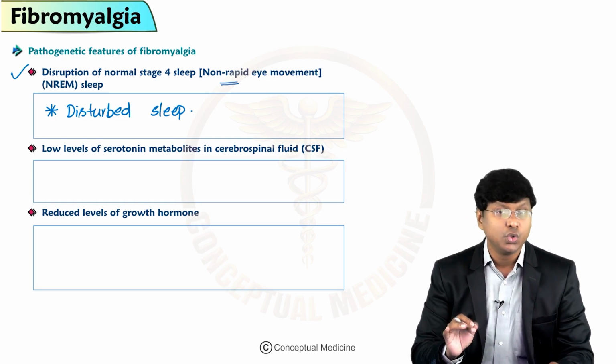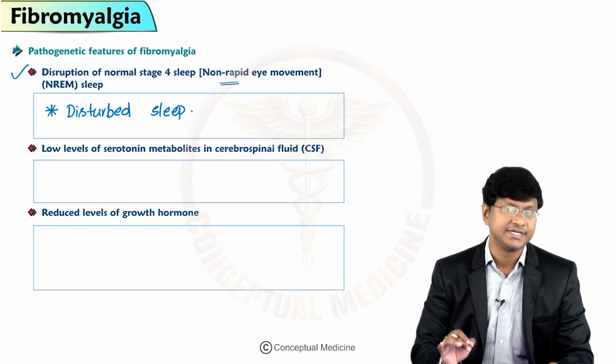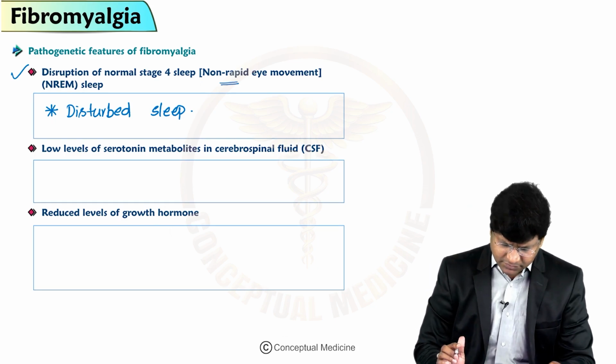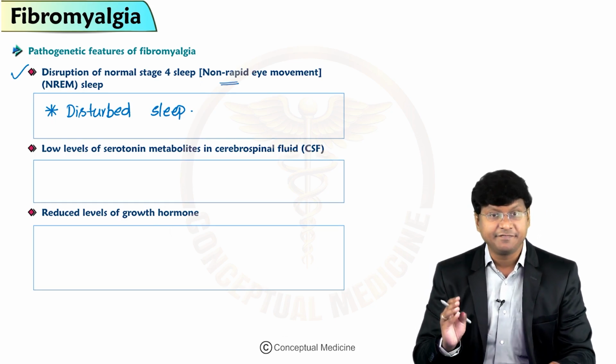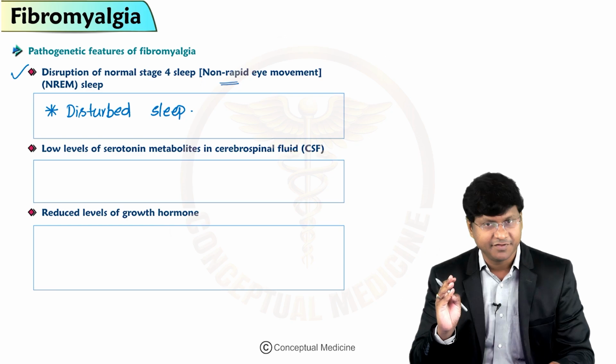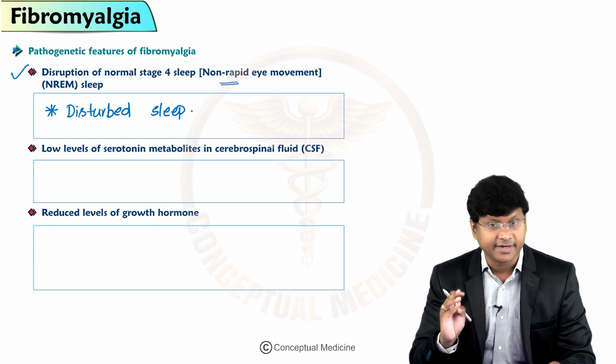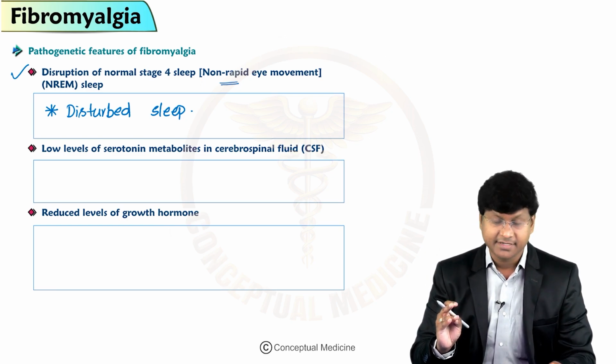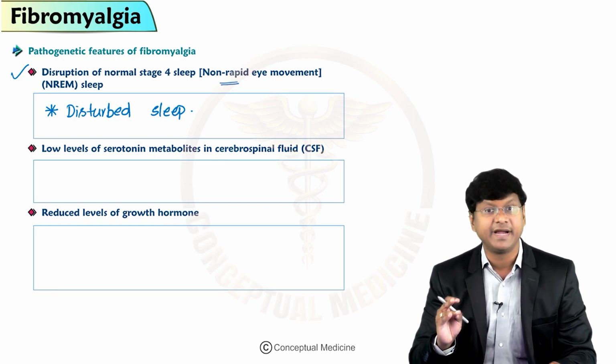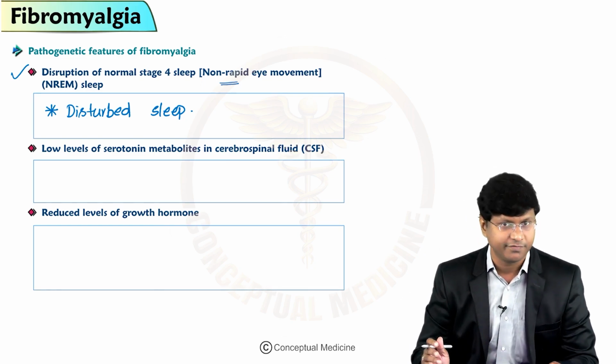Next, the second one is low levels of serotonin metabolites in CSF. It has been observed that deficiency of serotonin, which is a neurotransmitter that regulates the pain and the NREM sleep, might be involved in the pathogenesis of fibromyalgia.